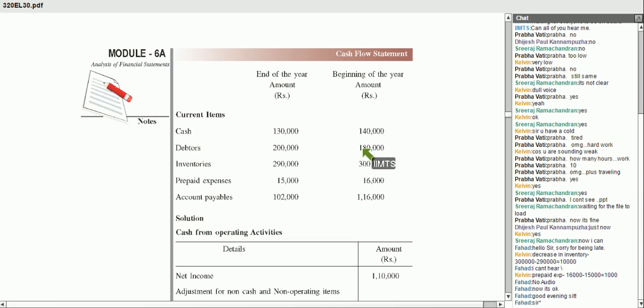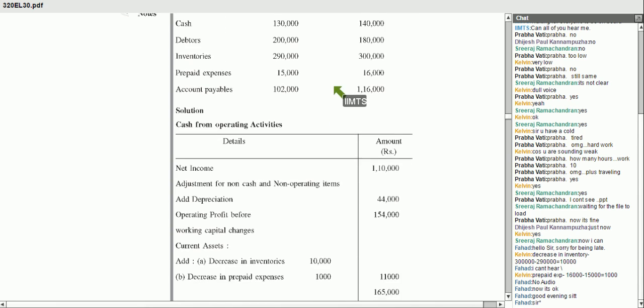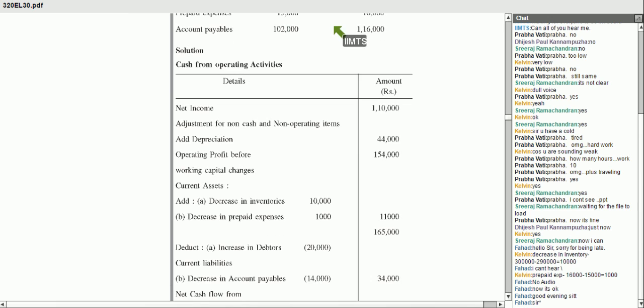Debtors 2 lakh and 1,80,000, at the end and beginning of the year. Inventories 2,90,000 at the end of the year, and at the beginning of the year it is 3 lakh. Fahad, good evening. Prepaid expense is this much. Now let's see the solution.